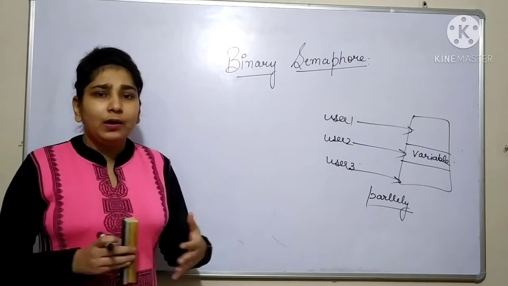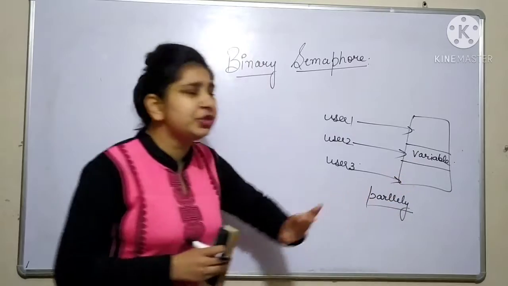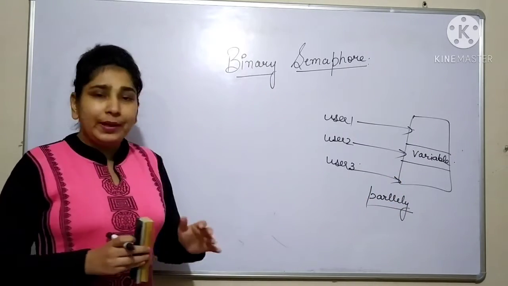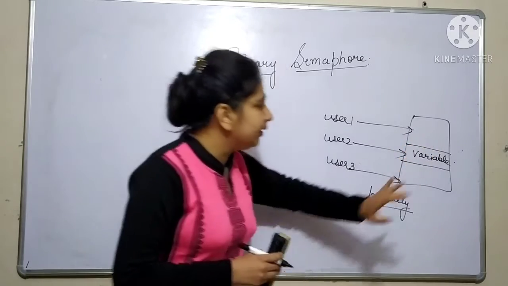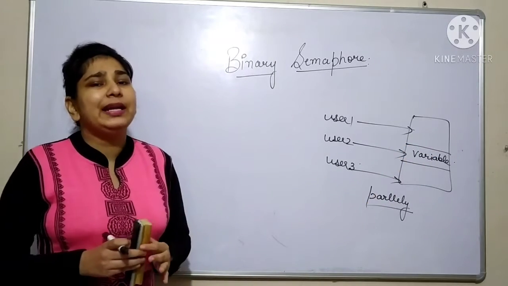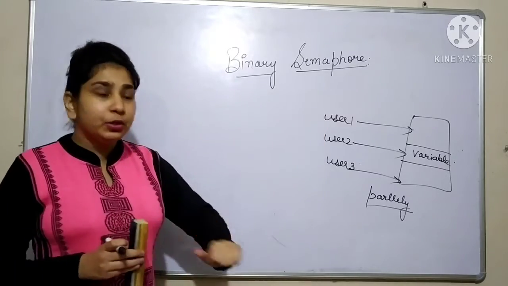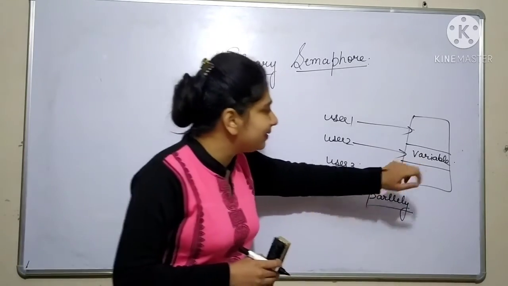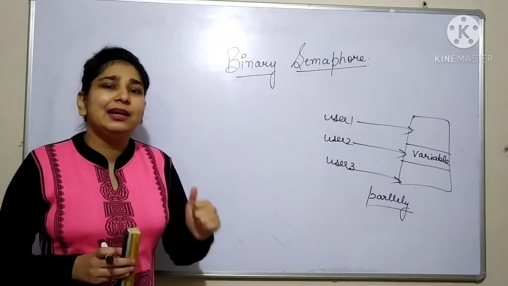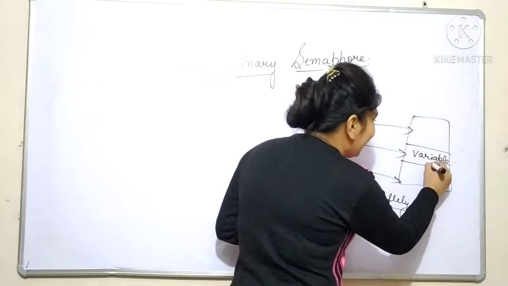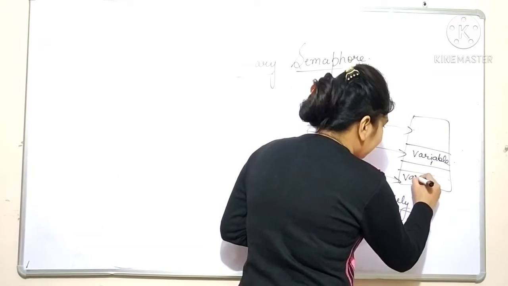What we want is, if some variable is shared, we call that shared variable a critical section. Only one user is going to access this shared variable at a time. Let's suppose we have two variables.